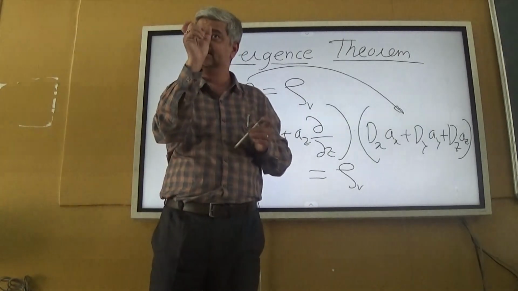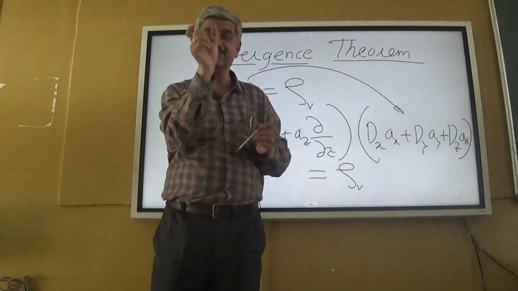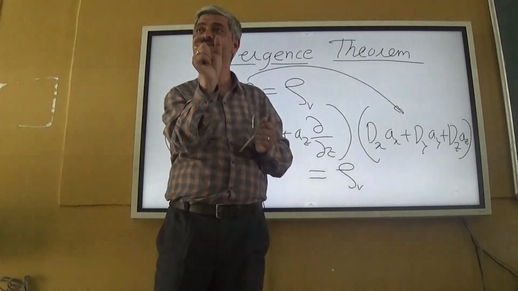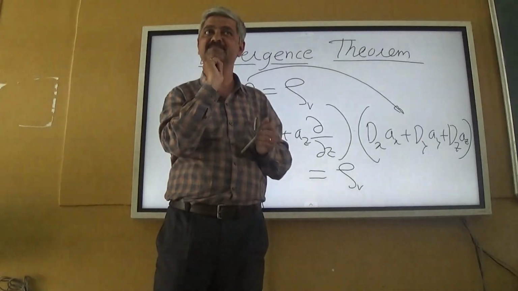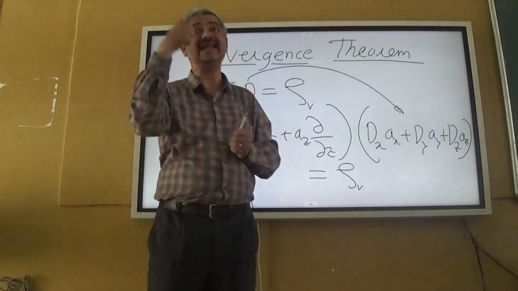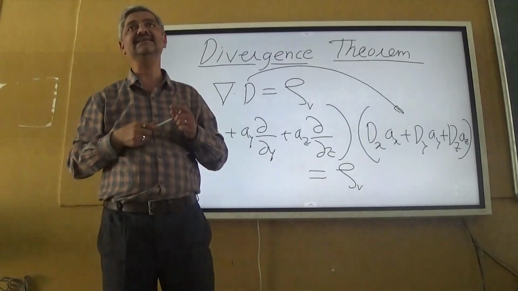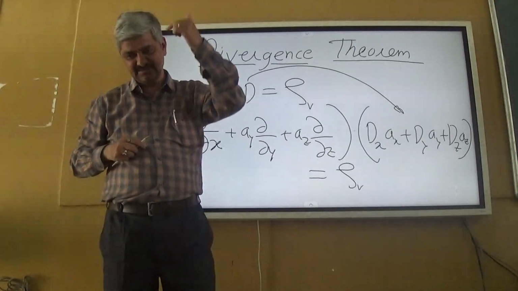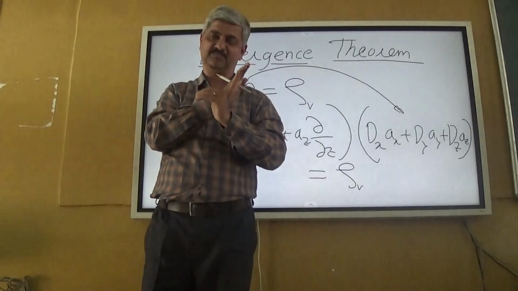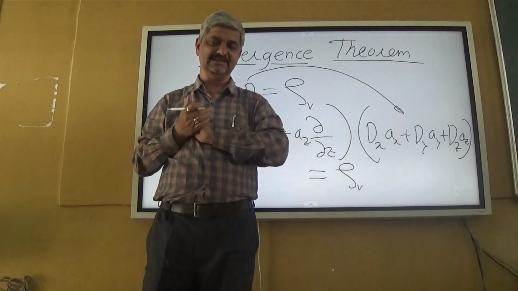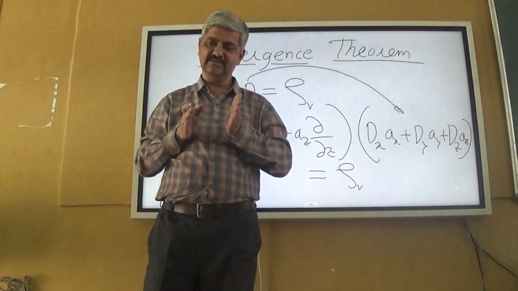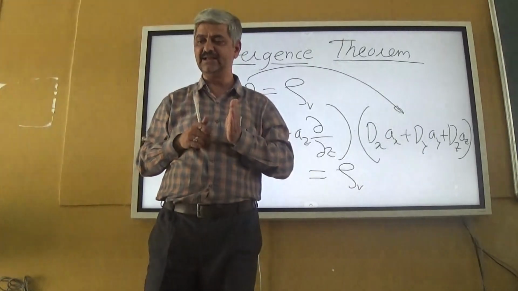So what that something is, listen very carefully: the difference of the electric field D between left and right. Now, what is rate? Rate means rate with respect to something. So if I say that position depends upon speed, what is speed?